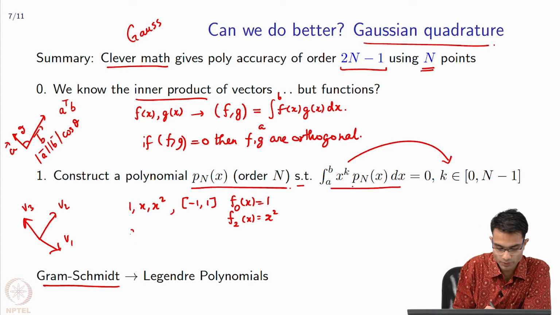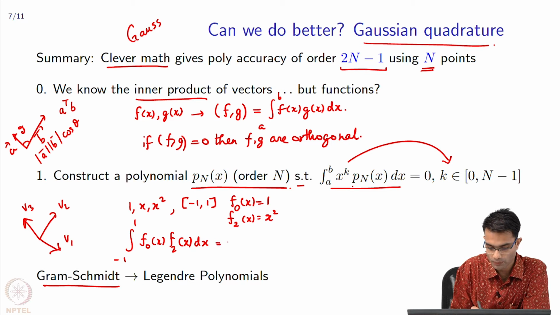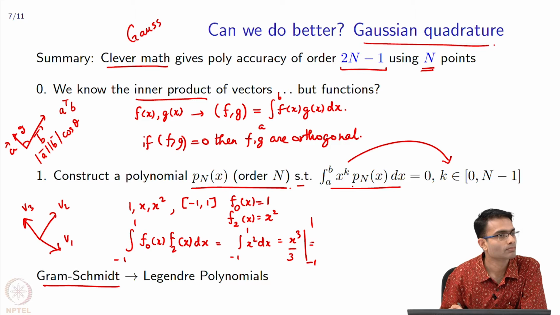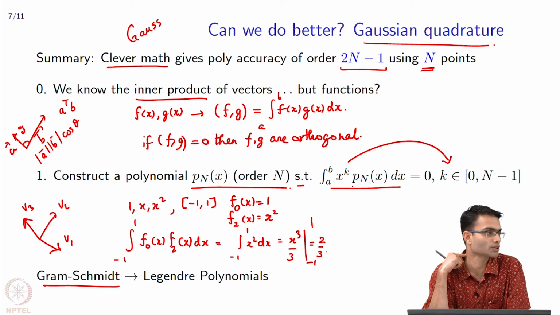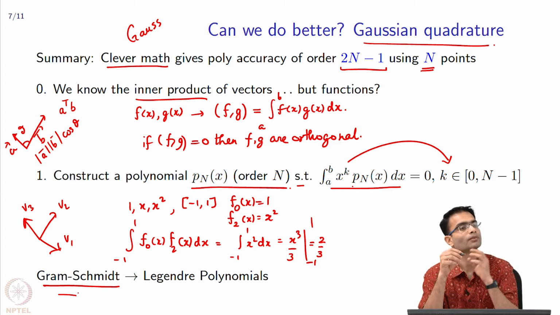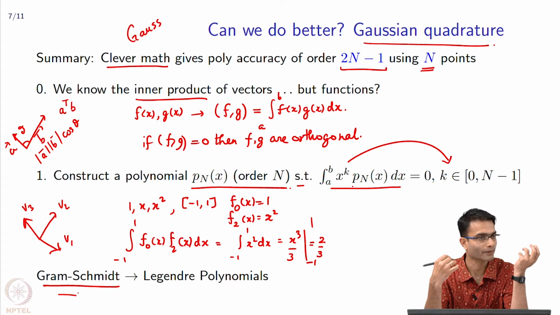Let us find out. The integral of f0 x f2 x dx from -1 to 1 is equal to the integral of x square dx from -1 to 1, which is x cube by 3 from -1 to 1, and the answer is nonzero. So these two functions are not orthogonal to each other, but there is no problem. I can apply this Gram-Schmidt process and arrive at a set of polynomial functions that are all orthogonal to each other.